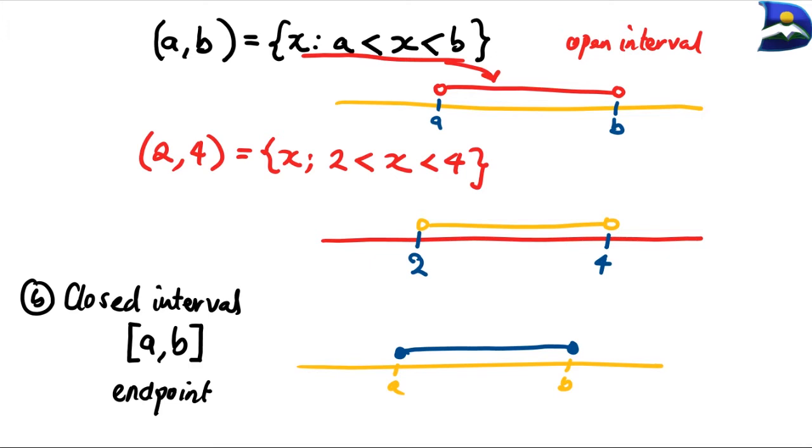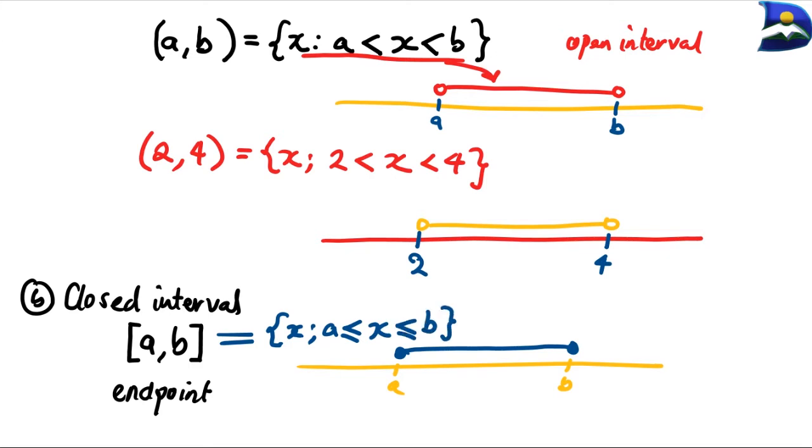This is also expressed as the set of all numbers x where a is less than or equal to x and x is less than or equal to b.